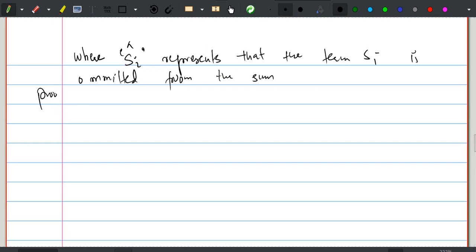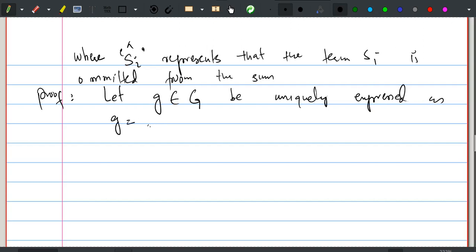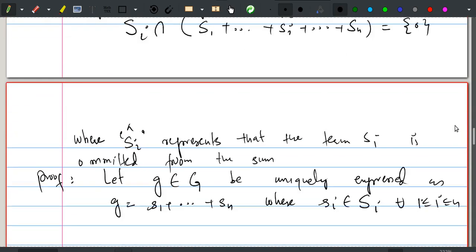Now the proof. So let us first assume that each element g in G is uniquely expressed as g is equal to s1 plus so on plus sn, where si belongs to capital Si for all 1 less than or equal to i less than or equal to n.